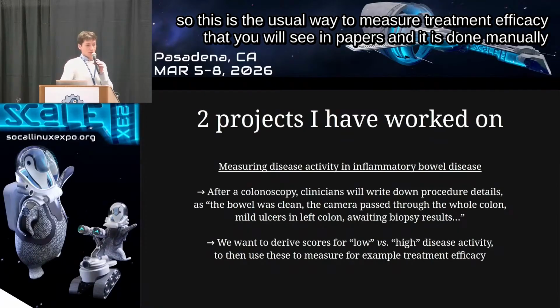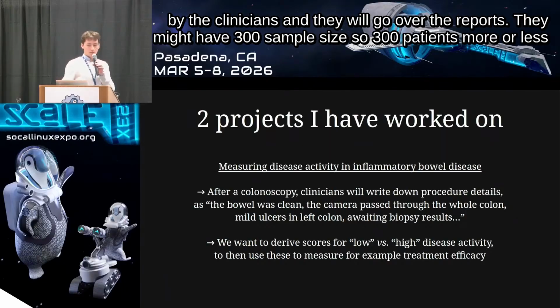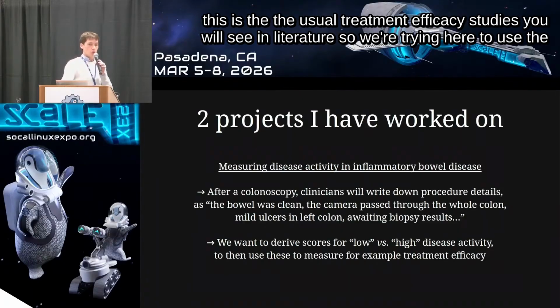This is the usual way to measure treatment efficacy that you will see in papers, and it is done manually by the clinicians. They will go over the report. They might have a sample size of 300 patients, more or less. These are the usual treatment efficacy studies you will see in the literature.